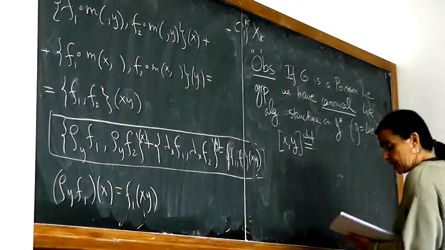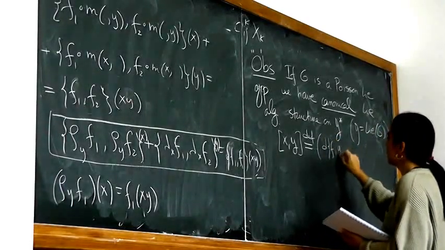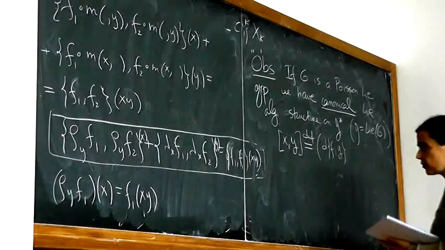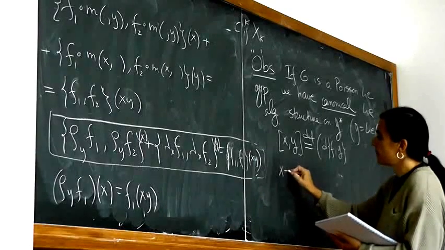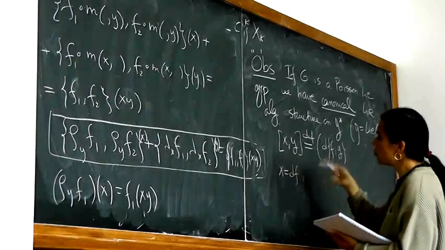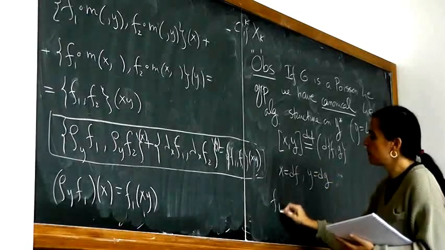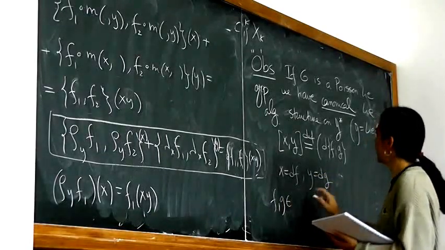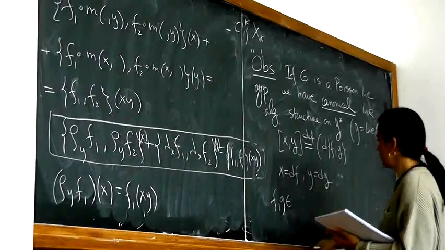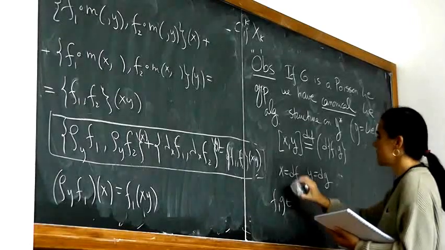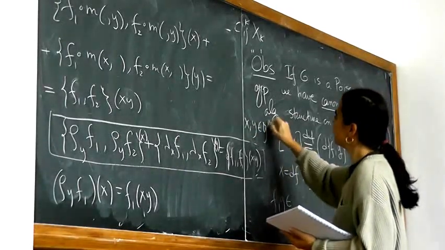So the definition is the following. You take the differential of the Poisson bracket of f and g at the identity. I should say what these things are. So x and y are in G star.